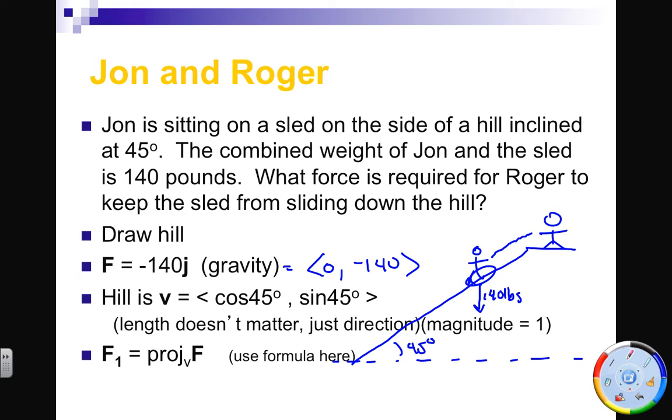And now we're going to use the formula. So the formula says to take f dot v. Cosine 45 is root 2 over 2, times 0 is 0. Sine 45 is root 2 over 2, times negative 140. Cosine of 45 times 0 is 0, plus sine 45, which is root 2 over 2, times negative 140, is going to be negative 70 root 2.